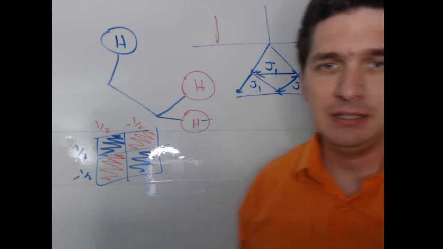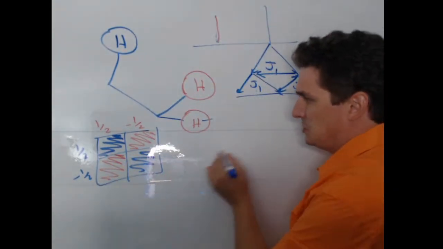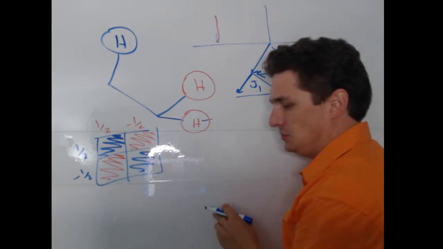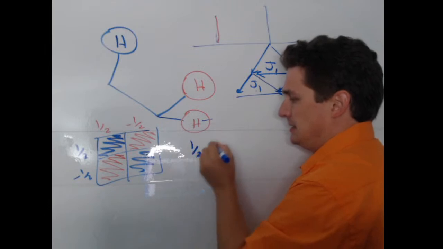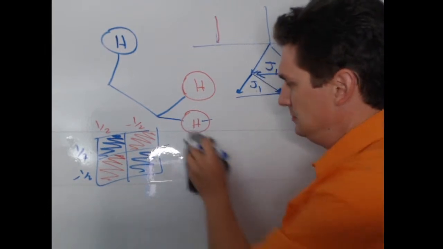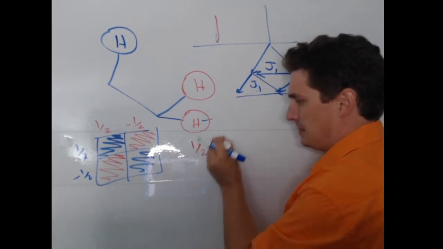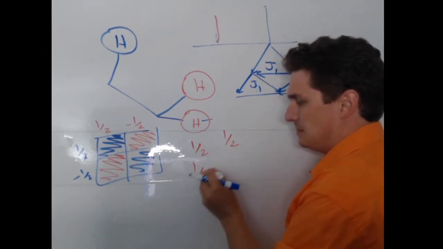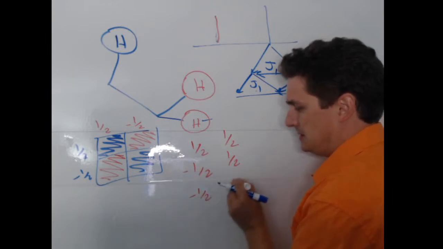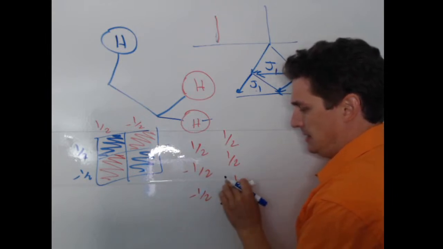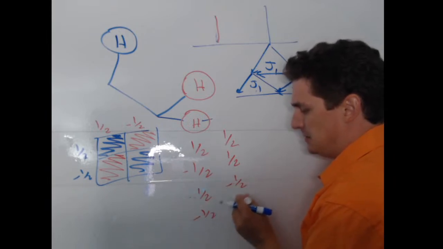And so if we look at these two hydrogens, they can exist with the same spins, with opposite spins, and then with the same spins but negative spins.